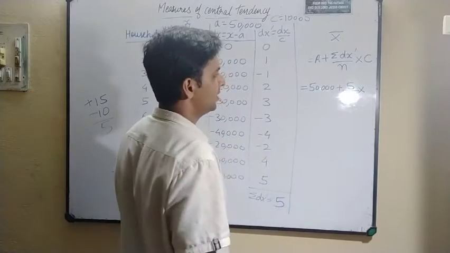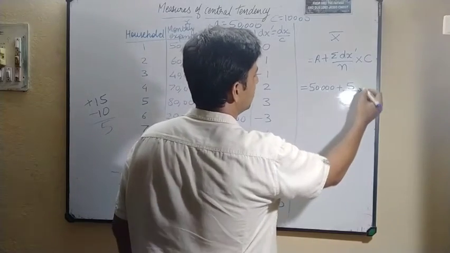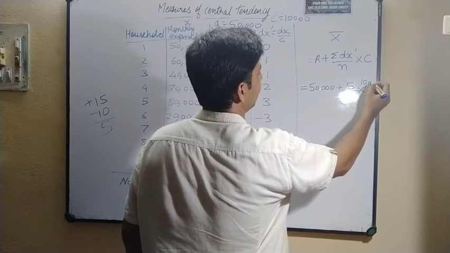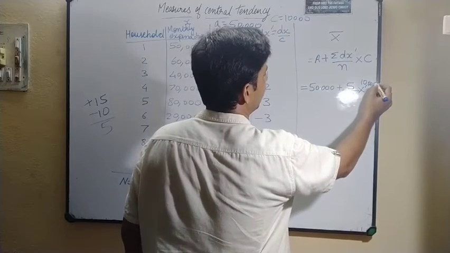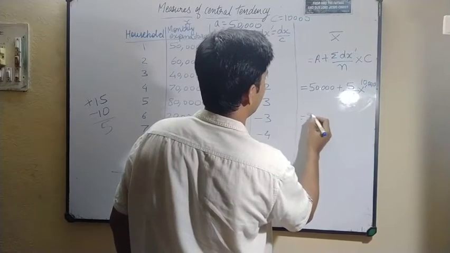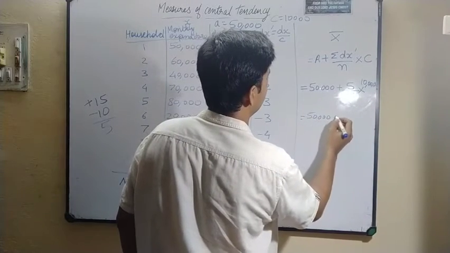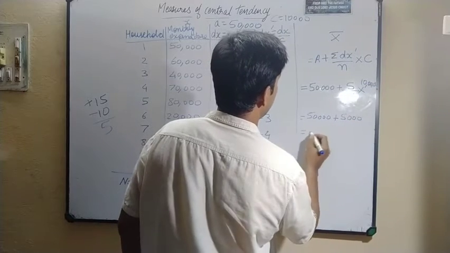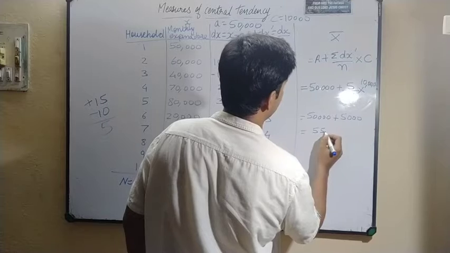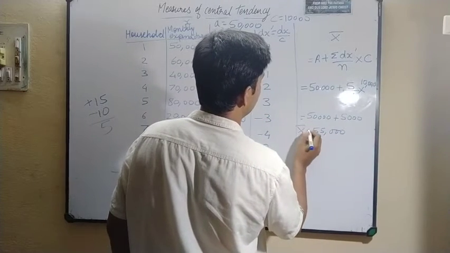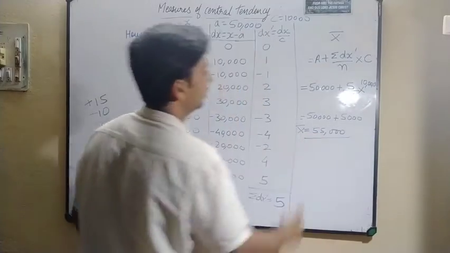Now there is no space to write this, so I am writing it over here very small and tiny. So let us cancel out 10,000, the zeros will be cancelled. Now here it will be 50,000 plus 5 followed by 3 zeros. So it will be 55,000. So this is going to be our mean. X bar is going to be 55,000.